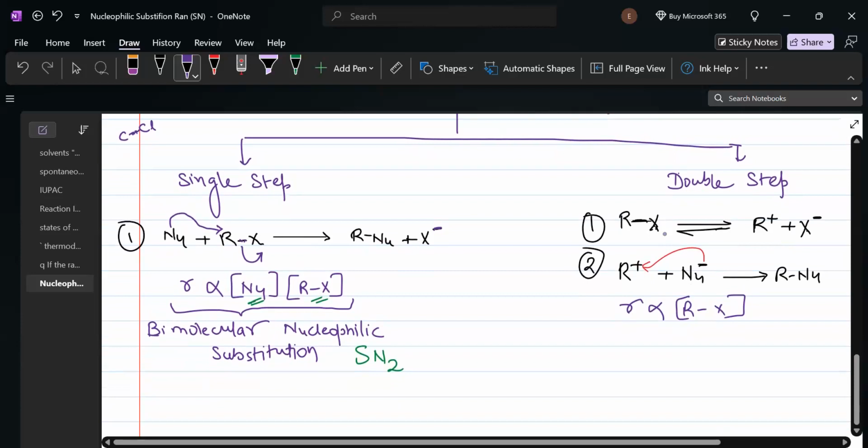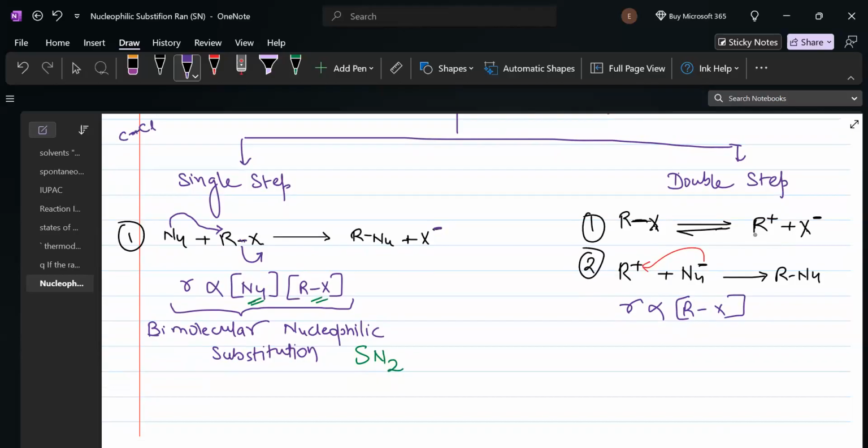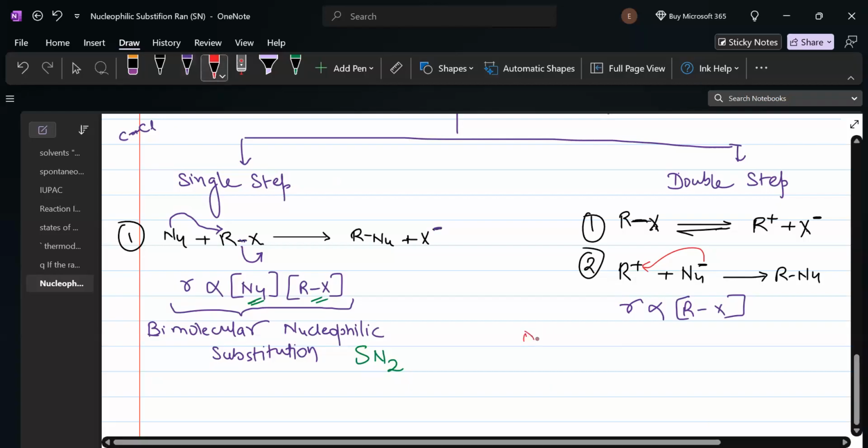Why? Because, see, the reason why this reaction is dependent on this substrate only, you have to note it down. This is a very important point also. Note.